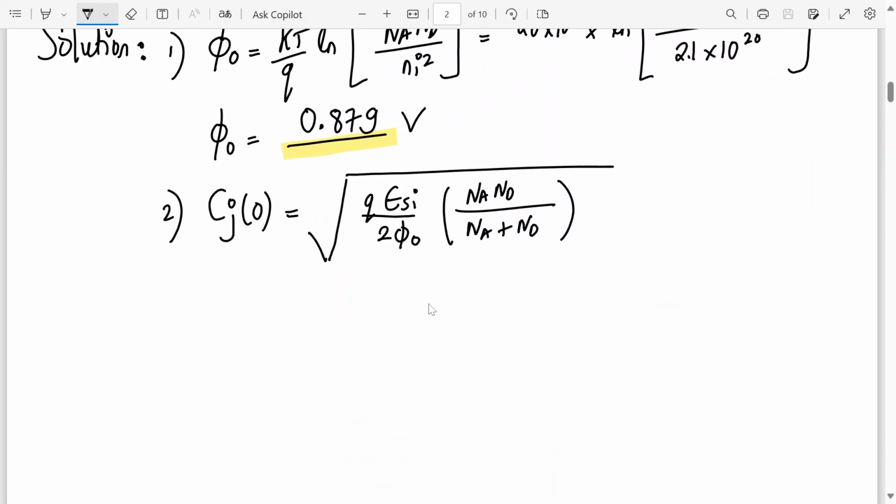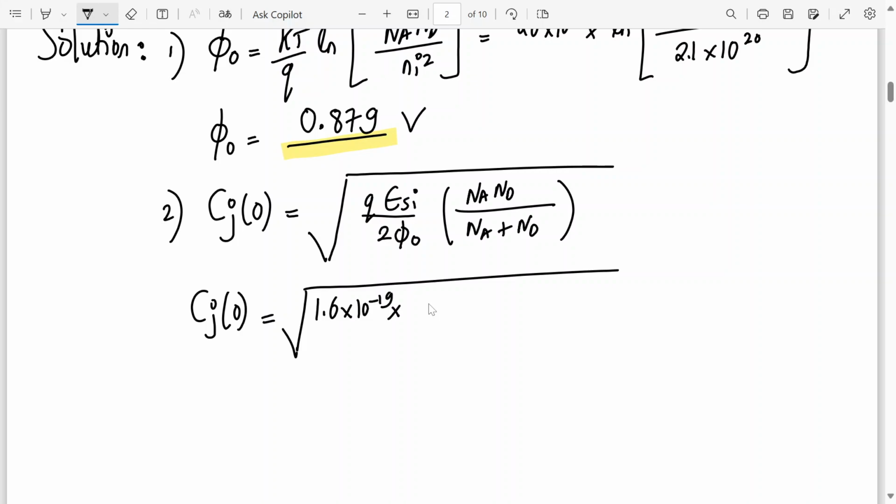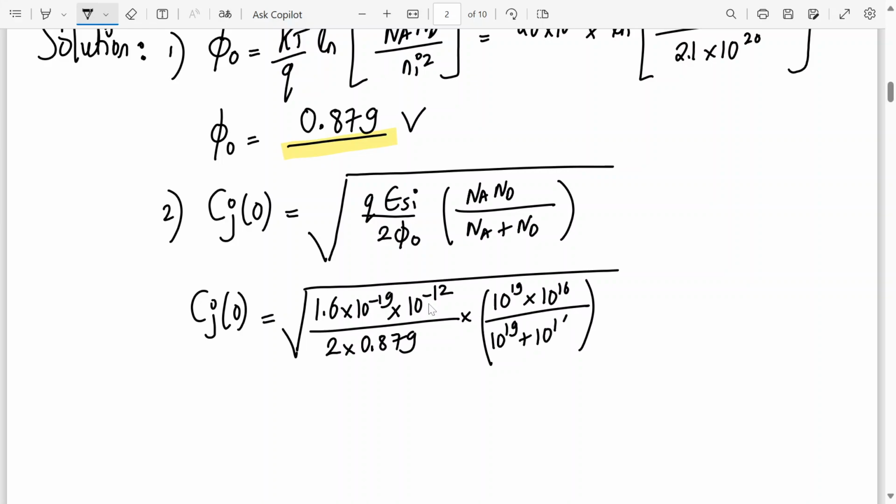Okay, so substitute all the values. Cj0 is square root of Q is 1.6 into 10 raised to minus 19, epsilon silicon is 10 raised to minus 12, divided by 2 into 0.879, into Na Nd will be 10 raised to 19 into 10 raised to 16 divided by 10 raised to 19 plus 10 raised to 16.